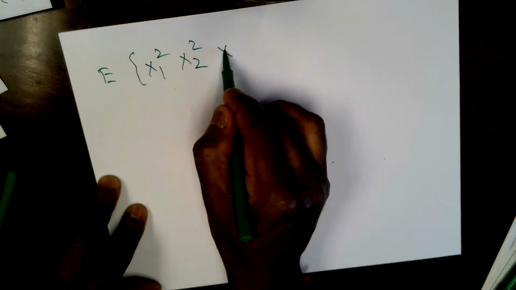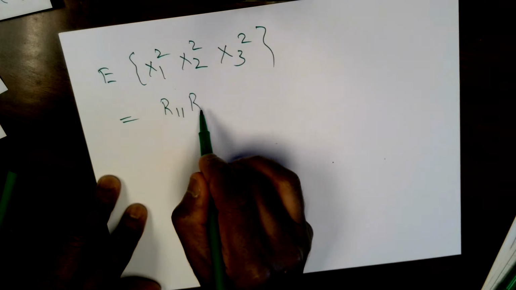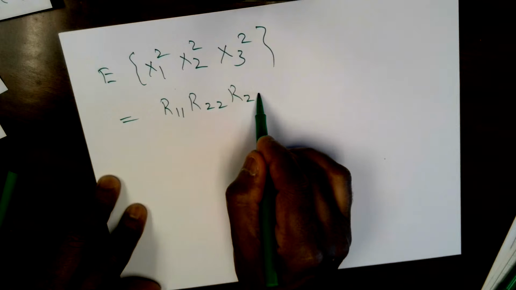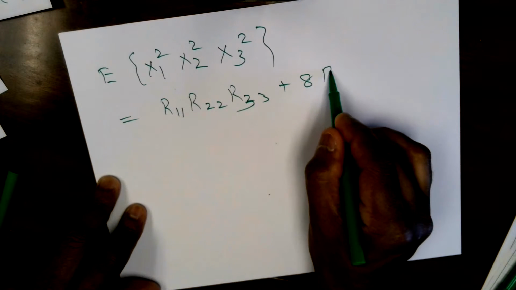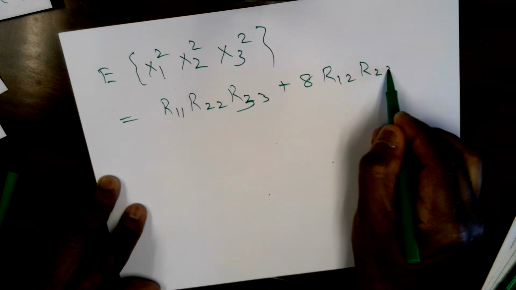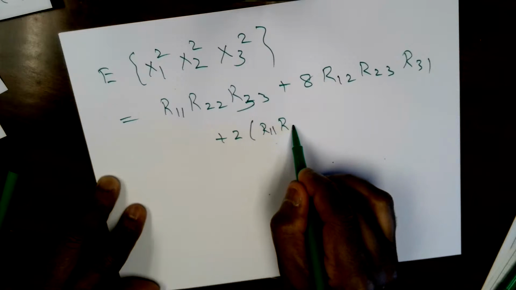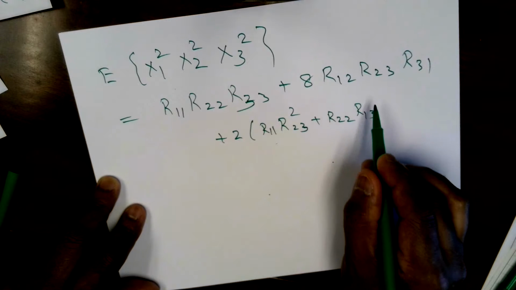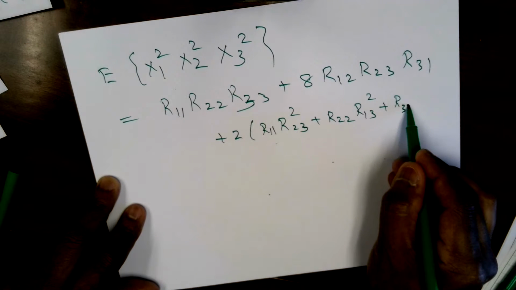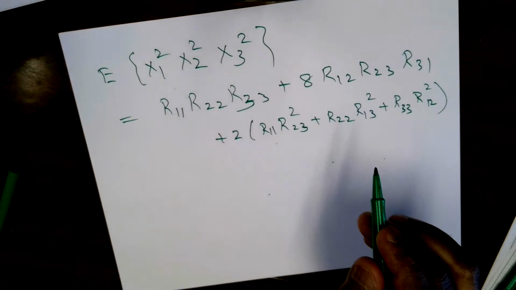You get finally the expected value of x1 squared, x2 squared, x3 squared equals r11 r22 r33 plus 8 r12 r23 r31 plus 2 times r11 r23 squared plus r22 r13 squared plus r33 r12 squared. And so that's the answer.